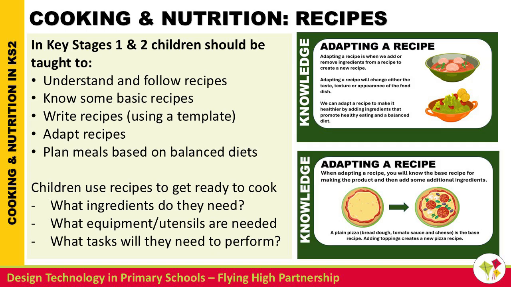It is important that these skills and techniques are taught consistently across the school, using standard sets of equipment and utensils. This will reduce the risk of children harming themselves. An example of a cooking skills progression chart can be downloaded from the resources section of the Primary DT website. This can be edited to show at which stage of the learning journey children are introduced to each cooking skill and technique.